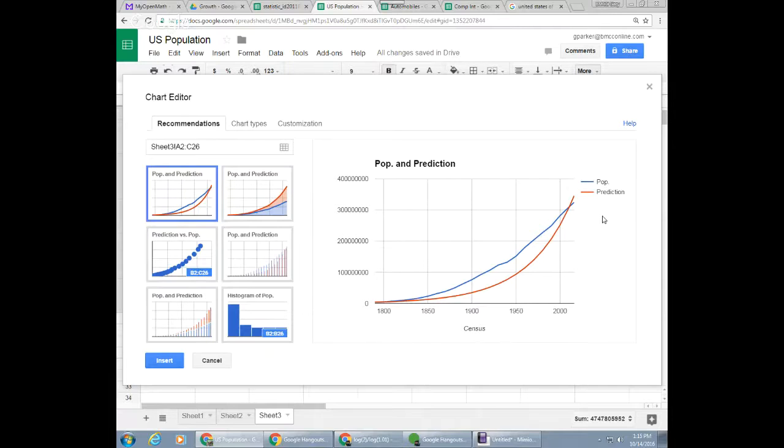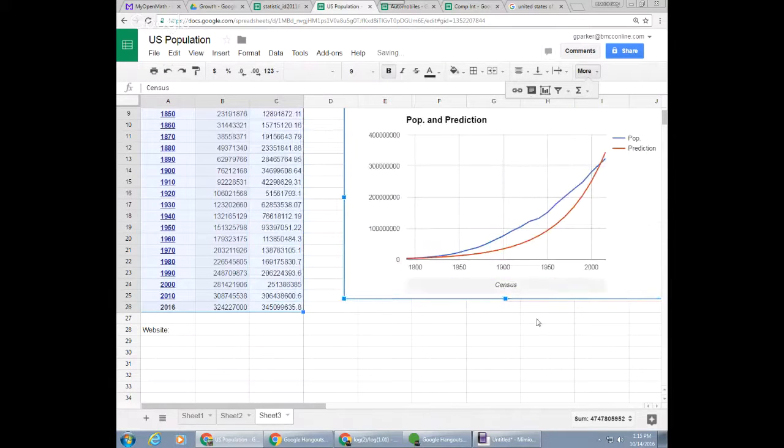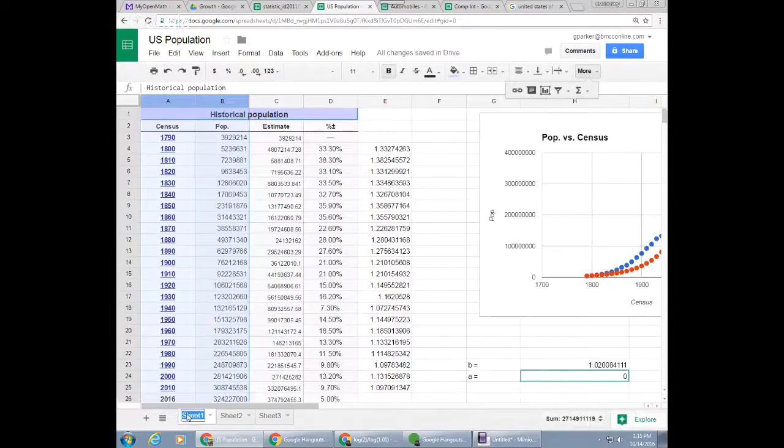Okay. Let's do this one more time for a different one. And I'll share this with you guys too, so you have it to take a look at. So let's see. We can insert that. And let's label these better. So this is US population. And I was playing around with all kinds of different calculations here.